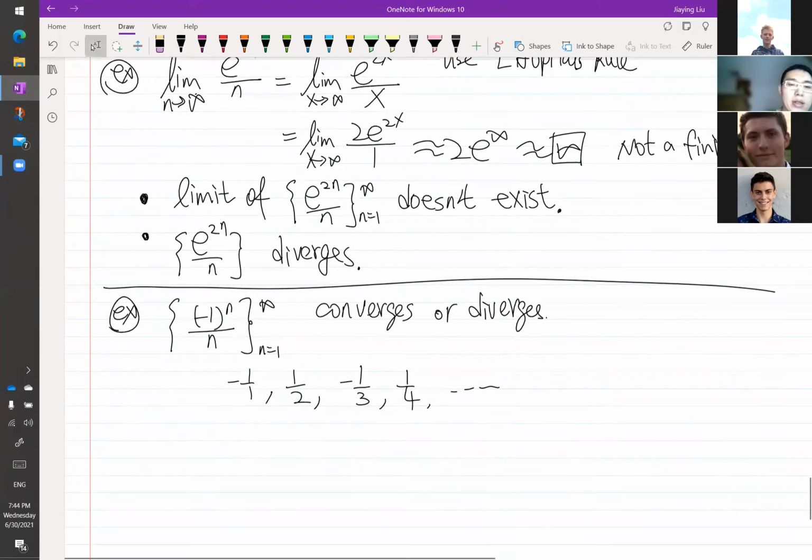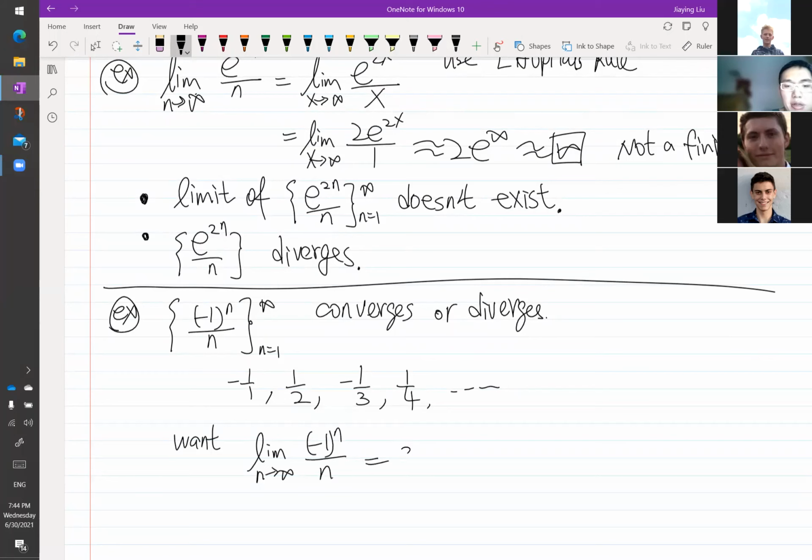Okay. So the trick for this one is that it's going to use the third theorem we had. We want the limit of -1 to the n over n.